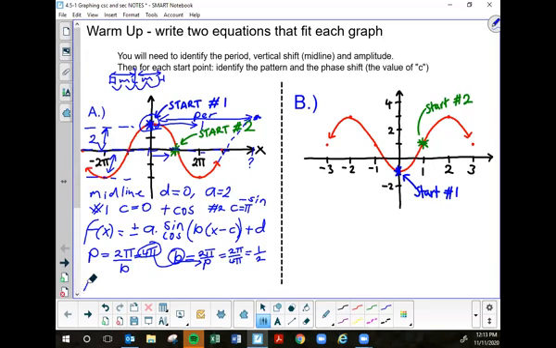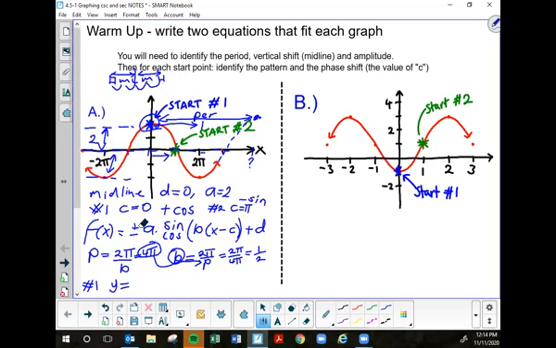So we're going to have 2 equations. For start number 1, you can write f of x or you can write y equals. I'm just going to write y equals. Now for equation number 1, we said it was a positive cosine. So I don't have to write this plus. You only have to write that symbol if it's negative.